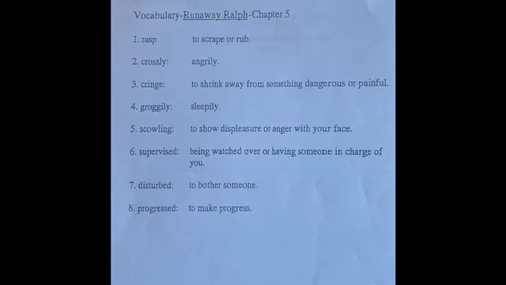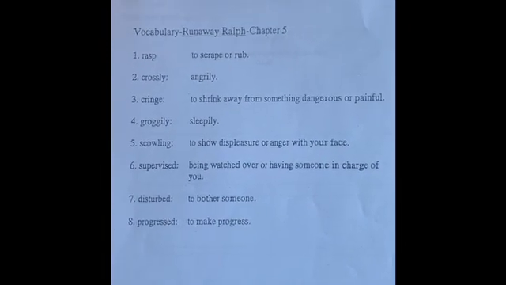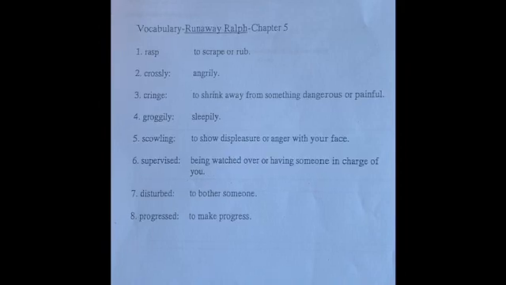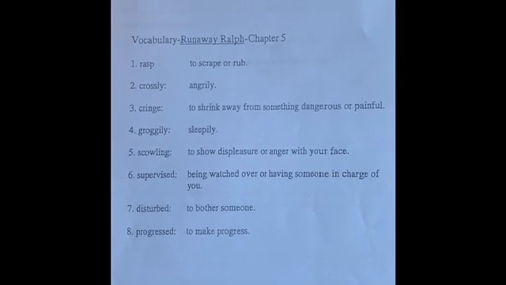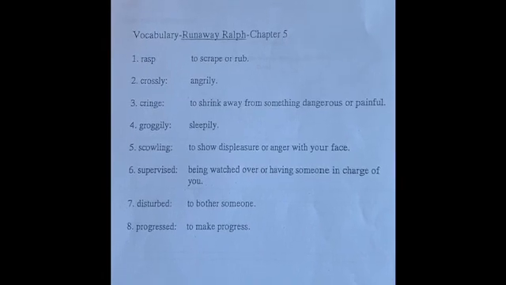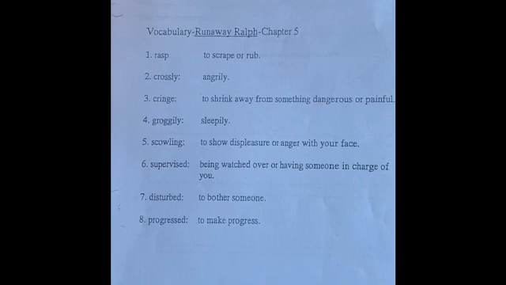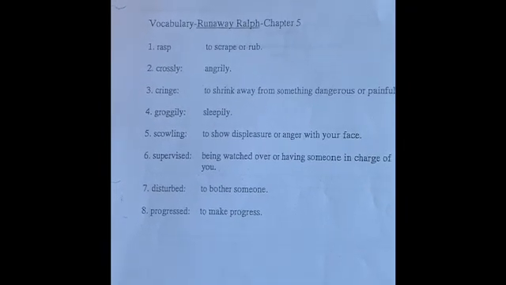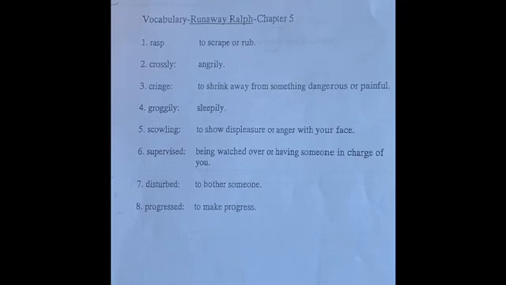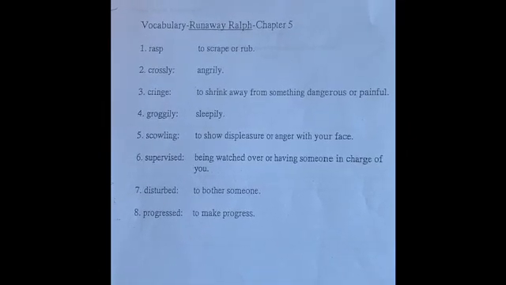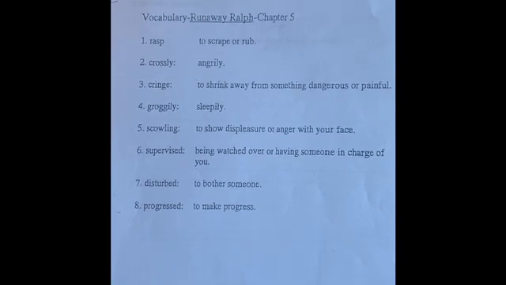Number 5, scowling, to show displeasure or anger with your face. Number 6, supervised, being watched over or having someone in charge of you. Number 7, disturbed, to bother someone. And number 8, progressed, to make progress.